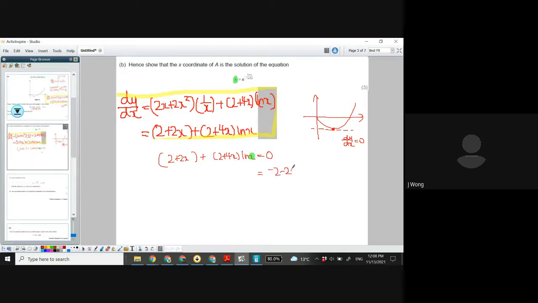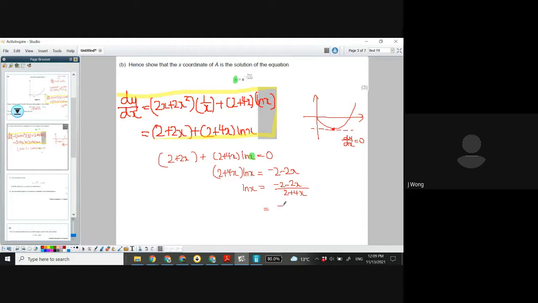So minus 2 minus 2x, and you also have (2 plus 4x) ln x, and divide through. So you have minus 2 minus 2x over 2 plus 4x, ln x. They're all multiples of 2, so divide every number here by 2.